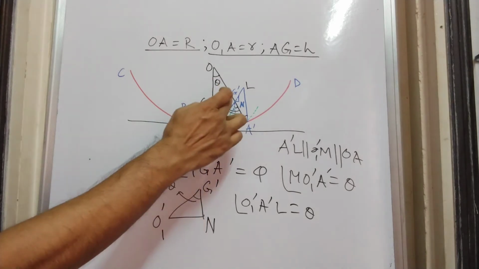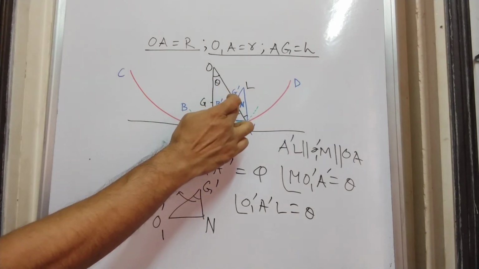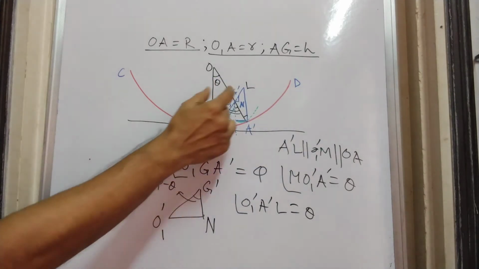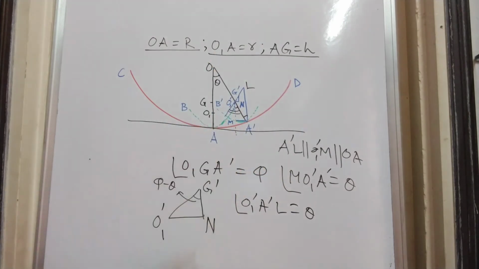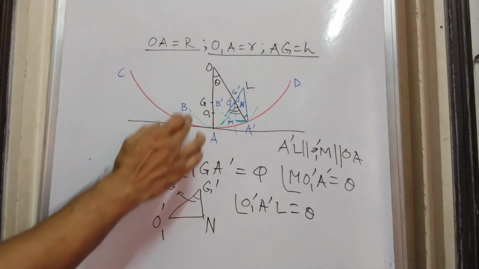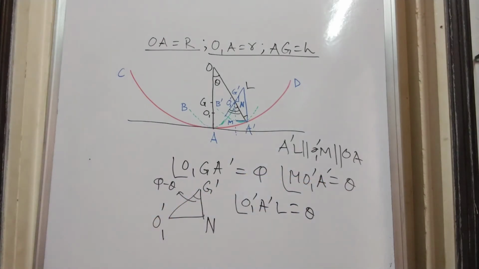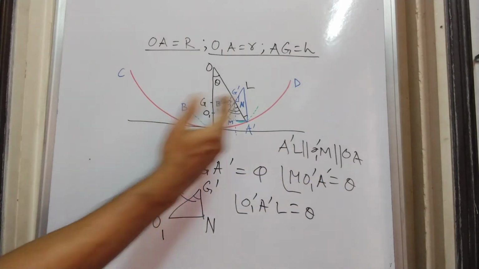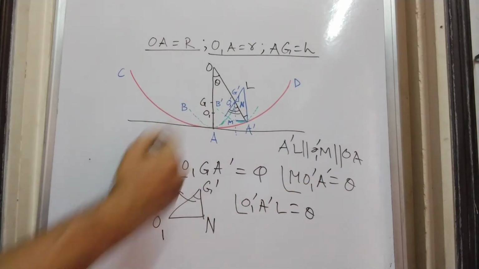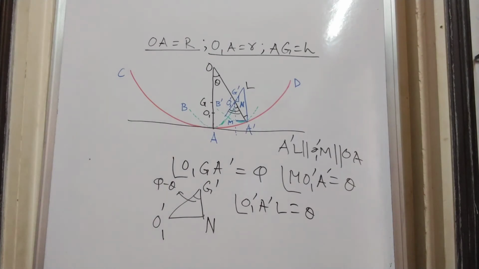Otherwise, if this G prime goes beyond that, or this O1 prime becomes bigger than A prime M, then it is further shifted. It is quite obvious that if this smaller body weighs more in the right part than in the left part, the symmetry will be unstable.